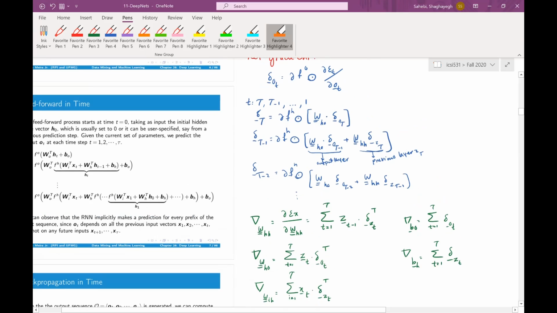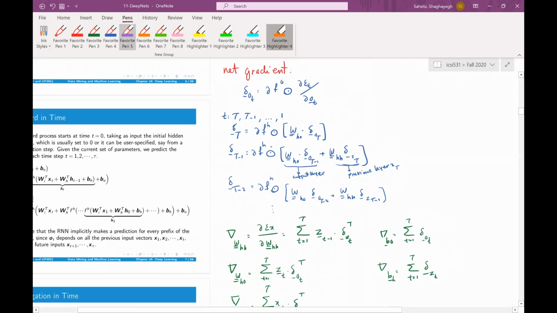The reason is that when we are calculating the net gradient for, for example, HT, it depends on WH, and it is calculated according to the net gradient of the previous time multiplied by the previous time, etc. So you see that the net gradients depend on each other.